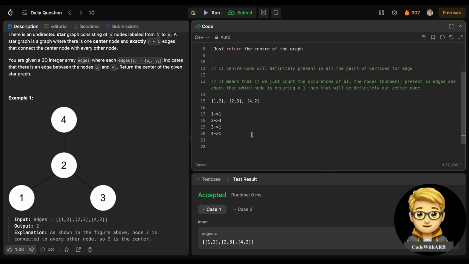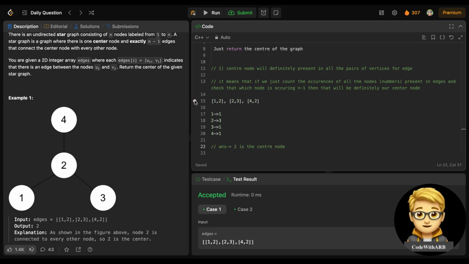So we check the count of each number. 2 count is 3, and the number of edges is also 3. It means 2 is the center node.